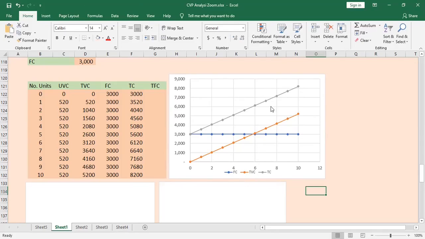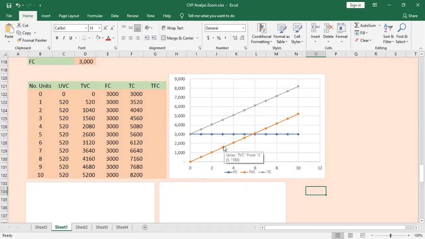But the total cost obviously starts from the fixed cost, because when you are producing nothing, you will have to pay the fixed cost. So therefore total cost is equal to fixed cost plus total variable cost. Now you can see the total cost line is also going parallel with the variable cost line, right?